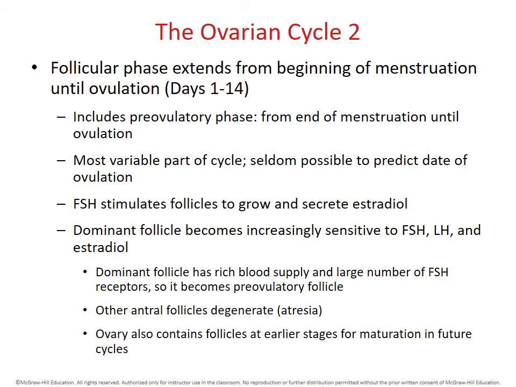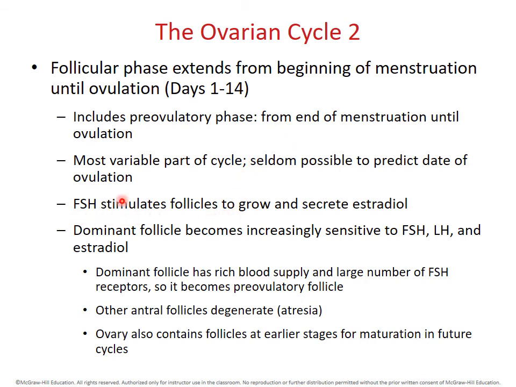And what happens during the follicular phase is essentially that final development of the tertiary follicle into the full-fledged Graafian or vesicular follicle. In other words, the final follicular development, getting the one chosen dominant follicle ready for ovulation.